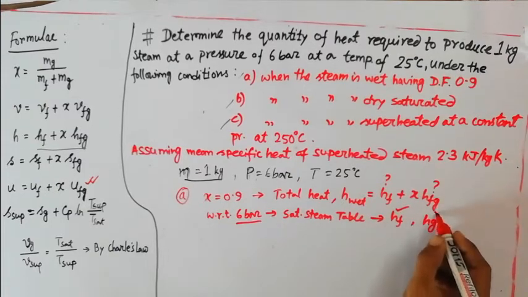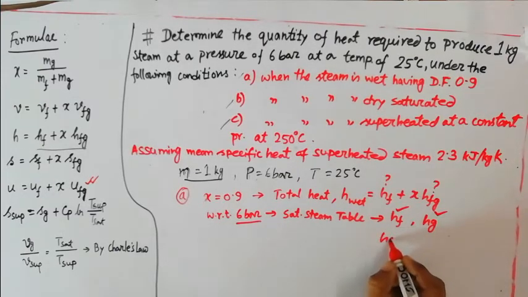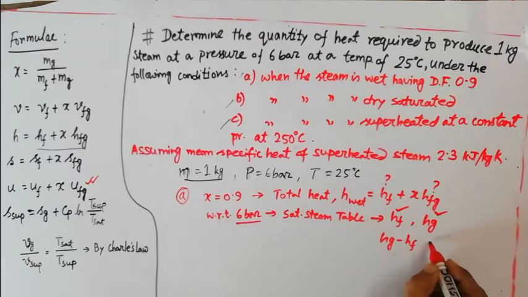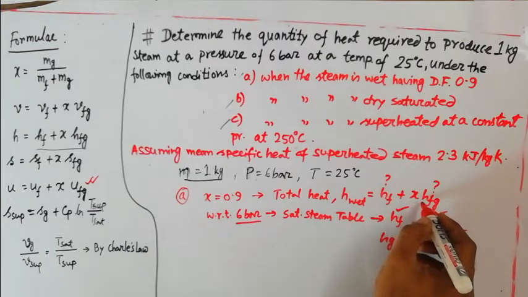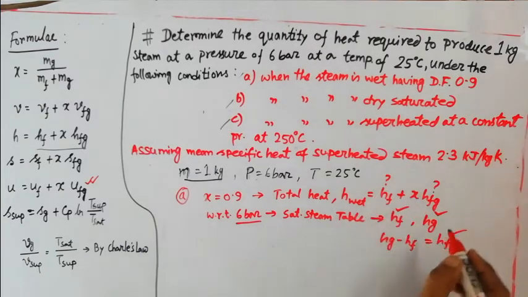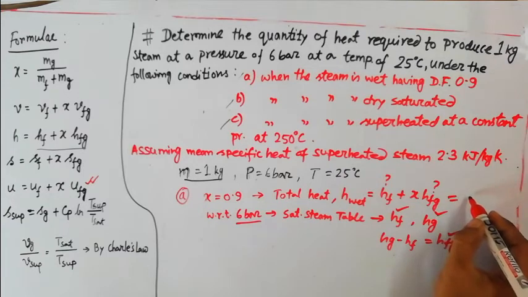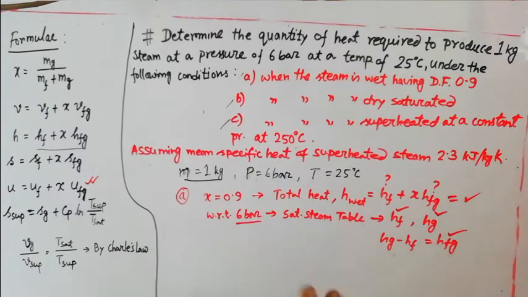These two values you have to collect from there, and Hg minus Hf will give you the value of Hfg. Put that Hfg value there, then you are able to get H wet, that is the specific enthalpy for that particular wet steam at this 0.9 dryness fraction.